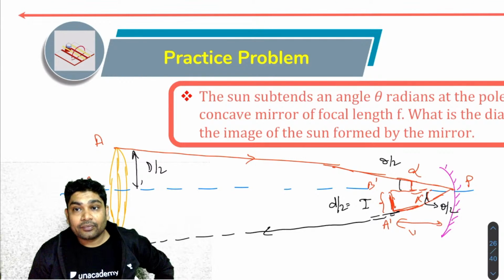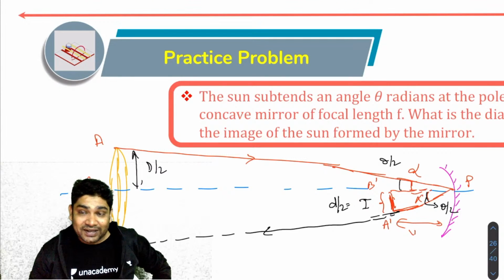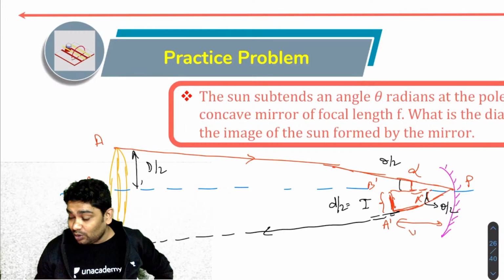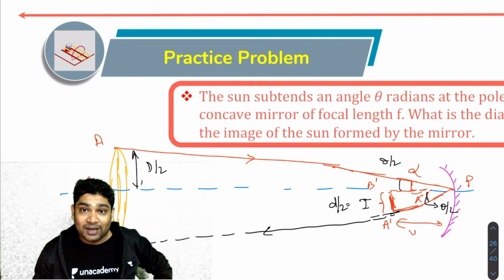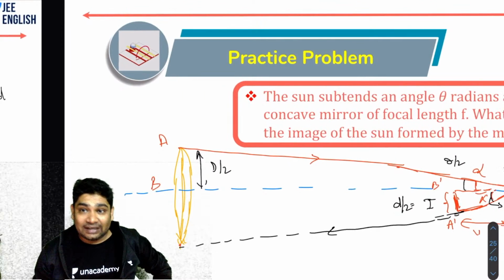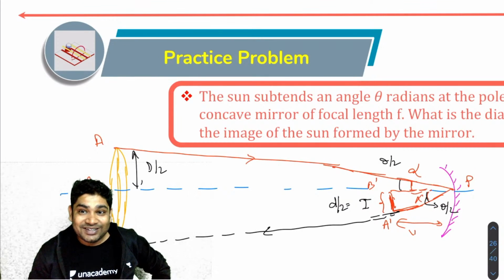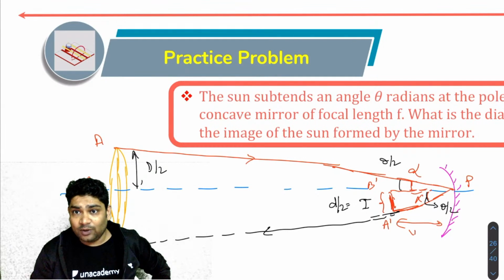If that ray was making an angle with the pole of theta by 2, then going back by theta by 2 you would have reached this end. So the total angle subtended by the sun would be theta. So here alpha would be equal to theta by 2, so d by 2 equals f times theta by 2, or d equals f times theta. I hope that is clear.